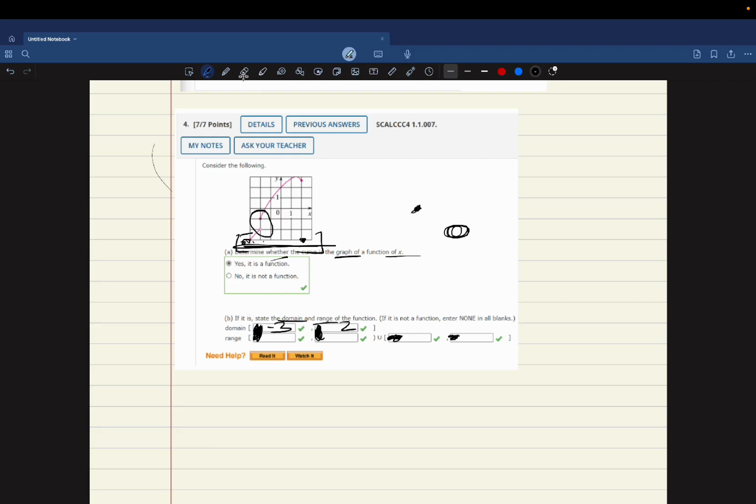Now for range we need to figure out the possible values on the y-axis. So it goes from this point on the y-axis to this point on the upper level of the y-axis. We can calculate: this is 0, this is -1, -2, and -3.